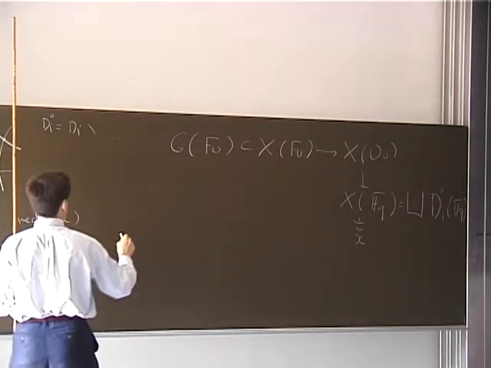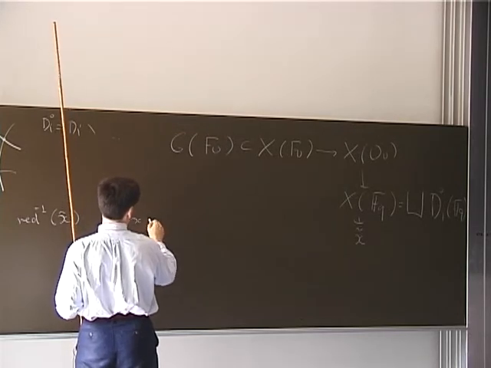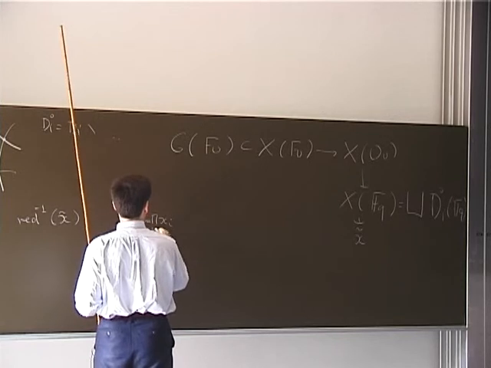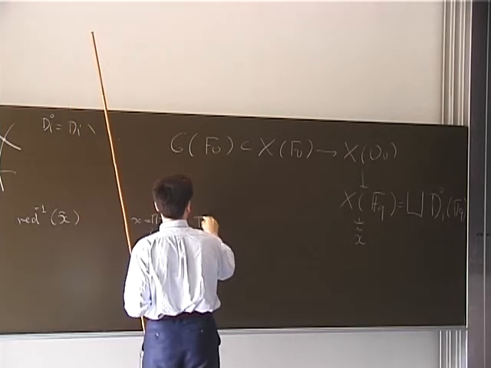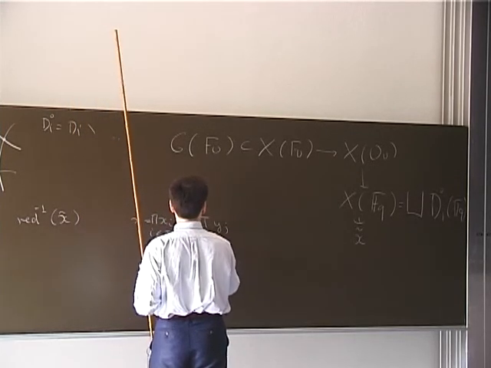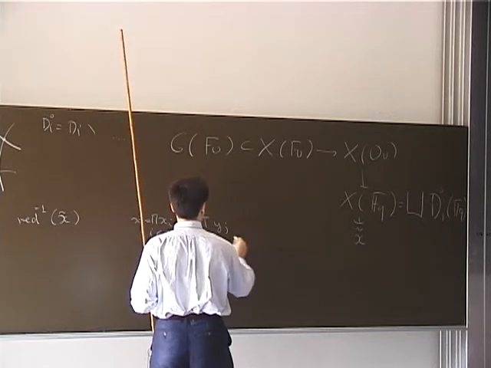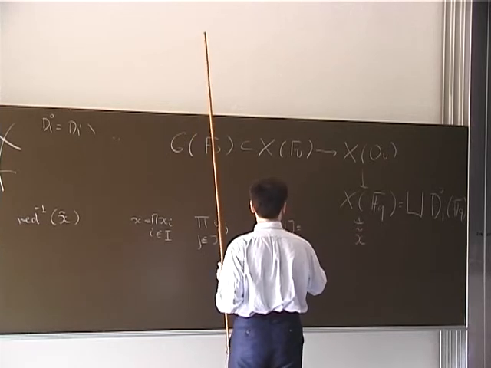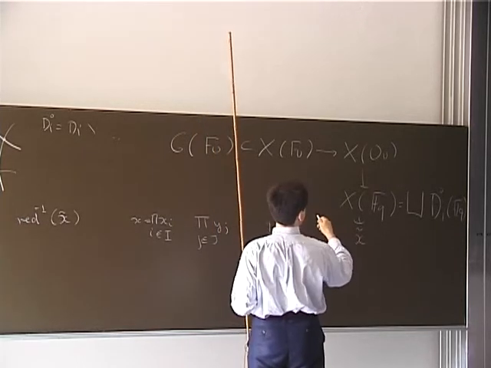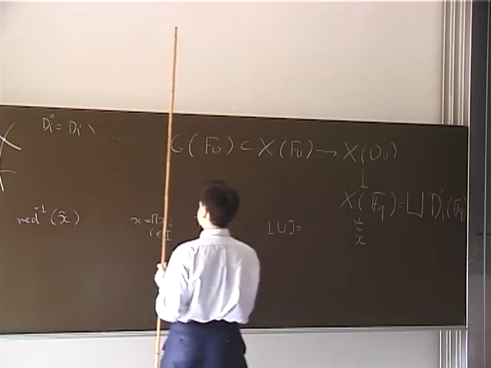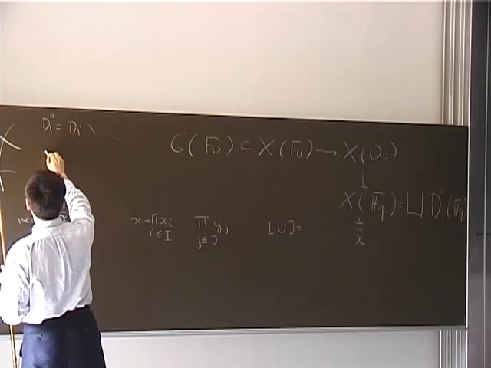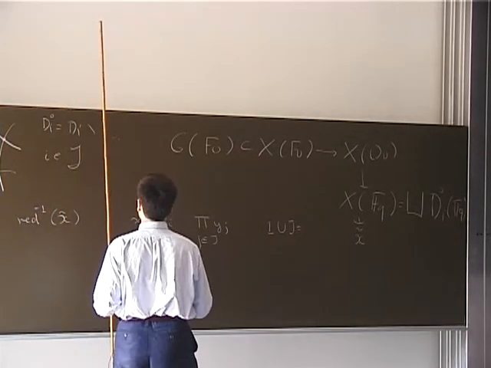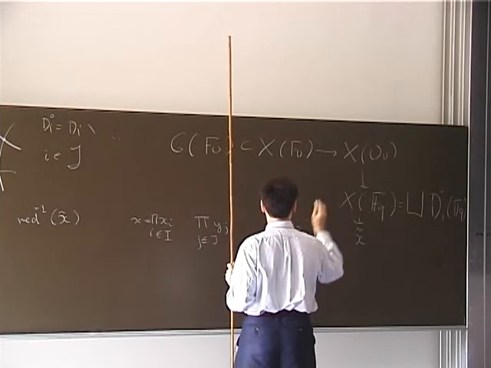We have coordinates like this: x_i, where i is in I, and then y_j, where j is in J, and I union J is the set of all indices we have here.